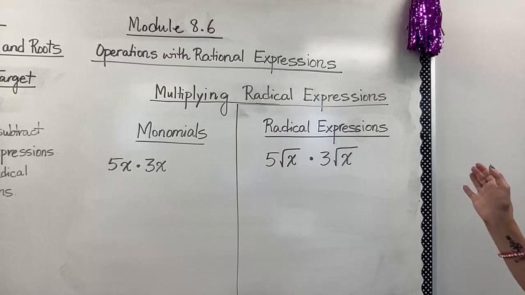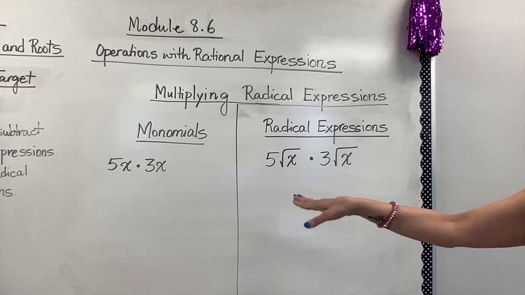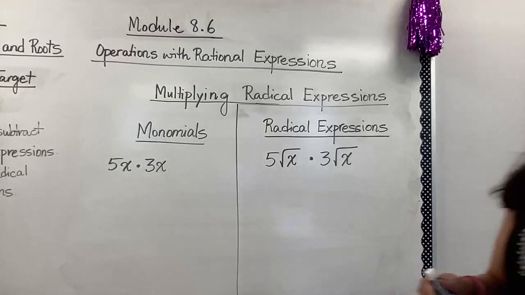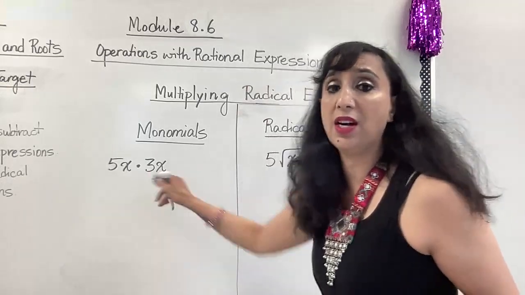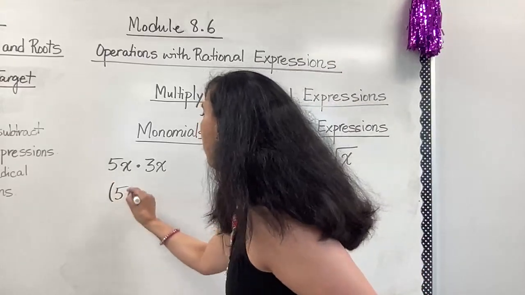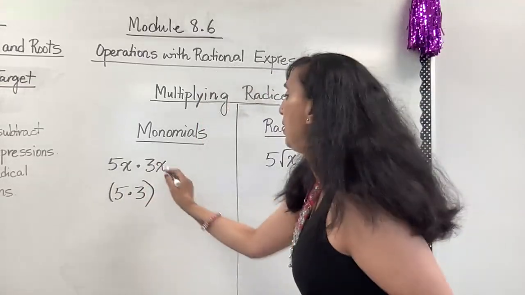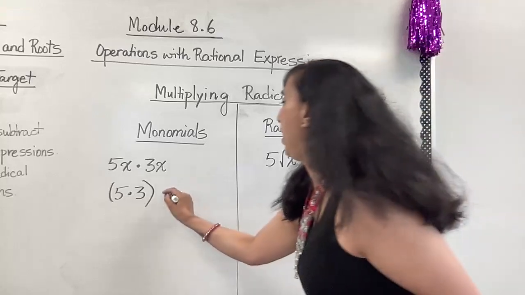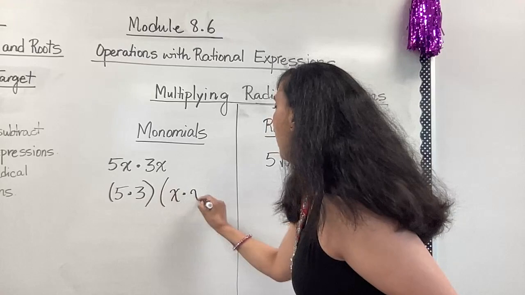And so if I have 5x times 3x, all that we did was we took the coefficients and we grouped them together and we did 5 times 3, right? And we took the variable, okay, and we did x times x.